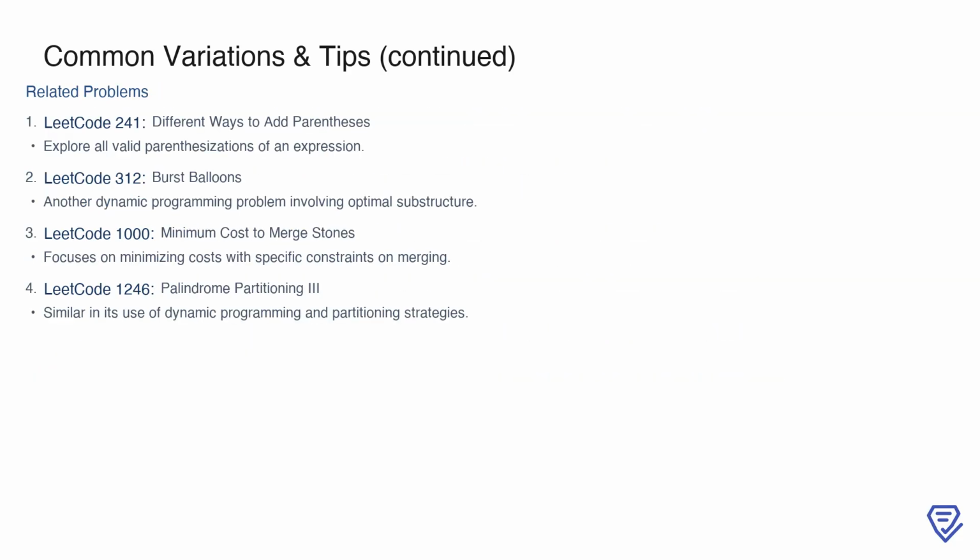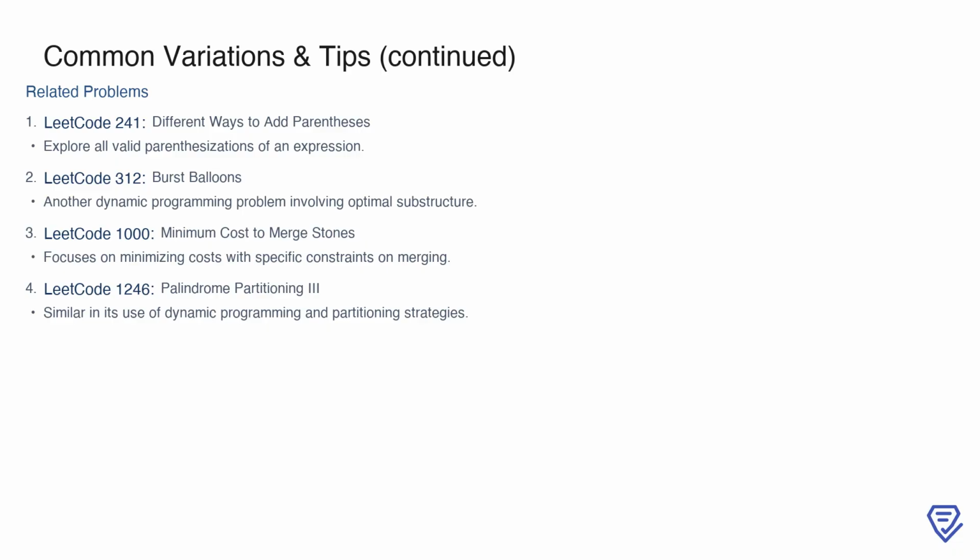The optimal division problem connects to several related problems that can help deepen your understanding of similar patterns. For instance, LeetCode 241, Different Ways to Add Parentheses, involves exploring all valid parenthesizations of an expression, an essential skill for solving this problem. Another related problem is LeetCode 312, Burst Balloons, which is a dynamic programming challenge that also deals with optimal substructure.